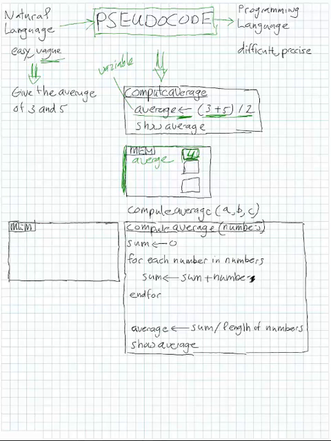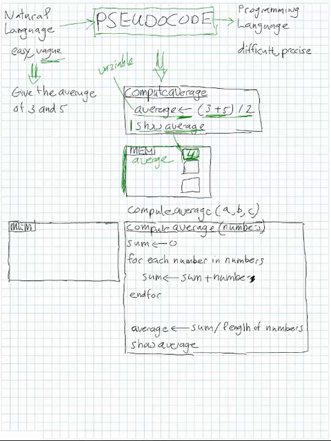And once we've computed the average and put it into memory, the next thing to do is to show it to the user. So that's what happens here in the second line. Show average: it looks up the variable average in memory, so that's here, number 4, and the result 4 will be shown to the user. I wrote down here show.